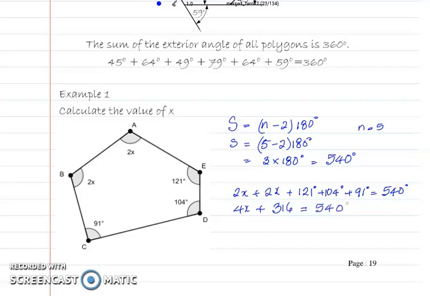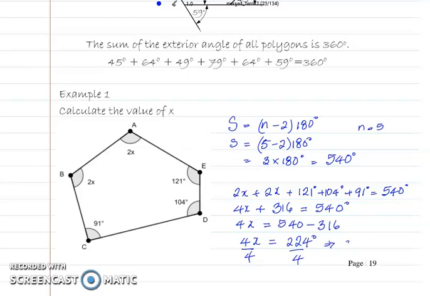So this is a simple equation. Therefore, 4x would be equal to 540 minus 316. 4x would be equal to 224 degrees. All right, next I'm going to divide both sides by 4.